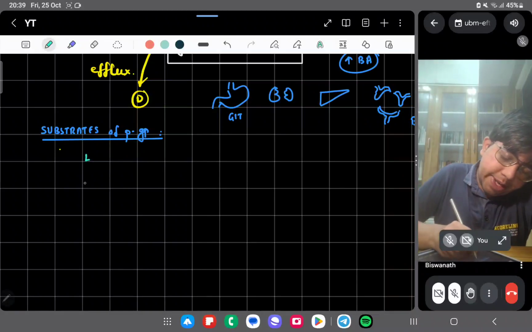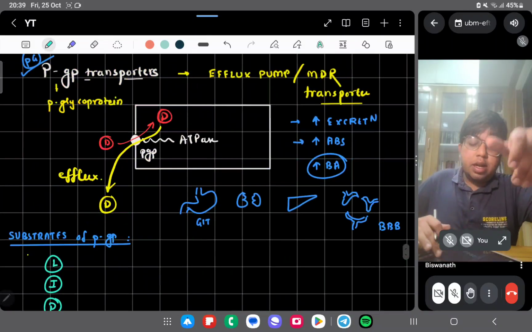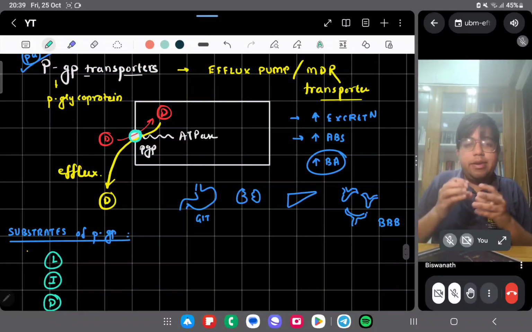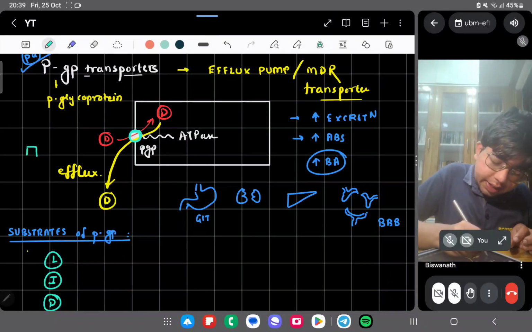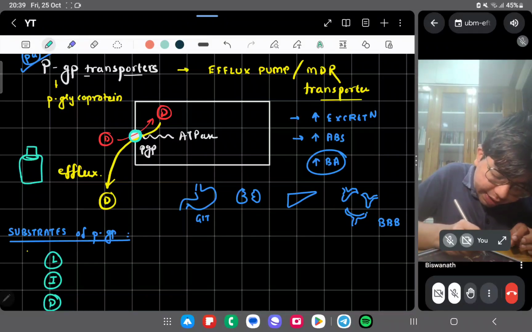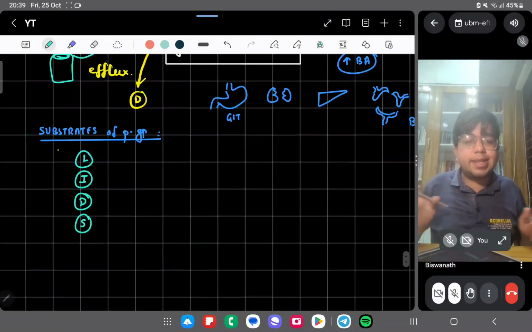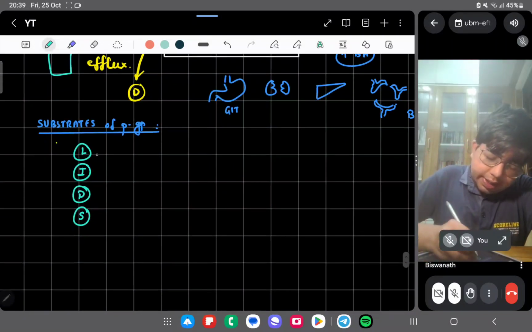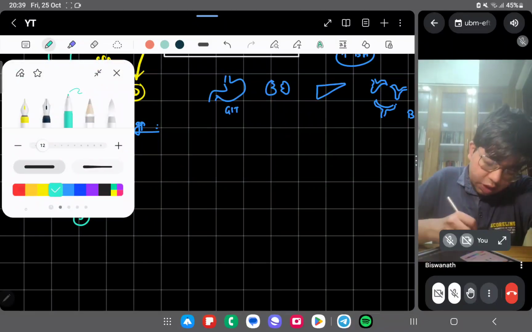You can remember by this: LIDS, lids. This looks like the lid of, let's say, a bottle. We had a bottle, and this is the lid of the bottle. So it is basically acting like a lid. L stands for a drug which is given for diarrhea, that is loperamide.